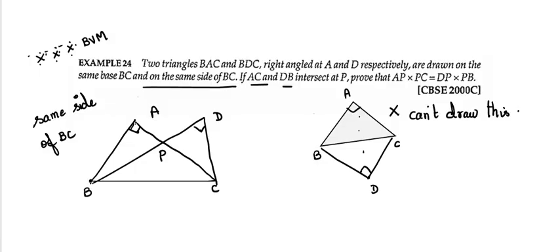Right? Shraddha, understood? Okay. Now, since AP into PC equals DP into PB, please prove that these two triangles are similar. Very easy proofs. 90 degrees is already given. Vertically opposite angle is also given. So, in triangle APB and triangle DPC, is it DPC?